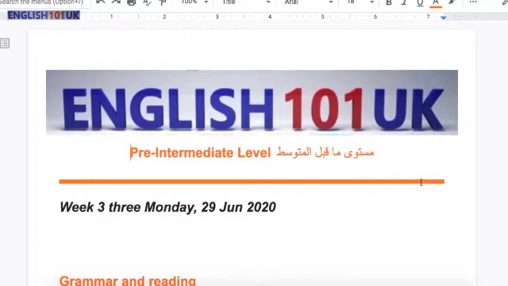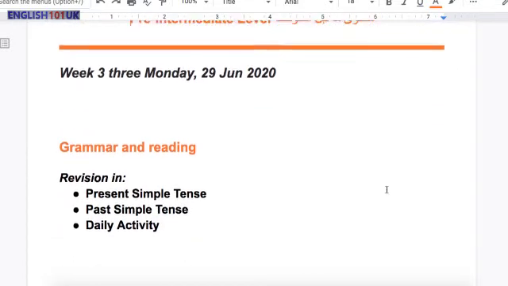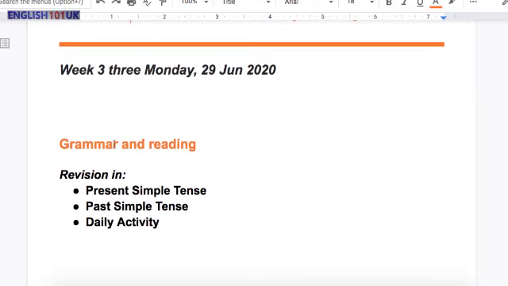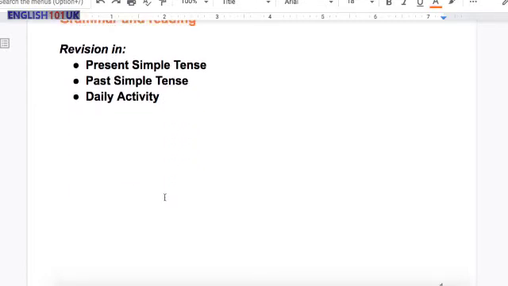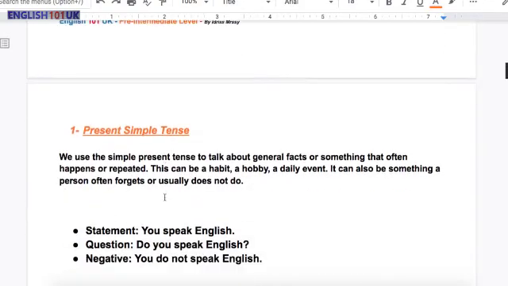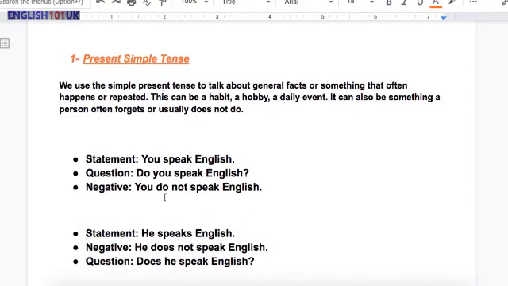In this lesson, we are going to have grammar and reading. Specifically, revisions in the past simple tense and in daily activity. So let's start it. First, it's the present simple tense.